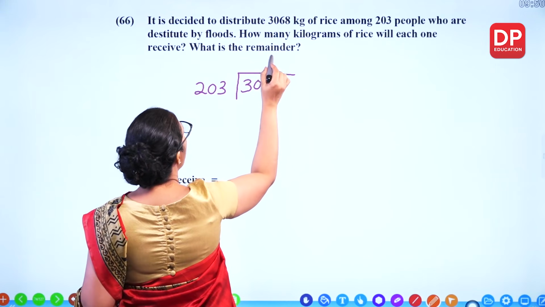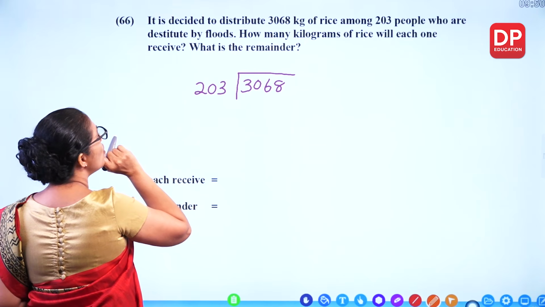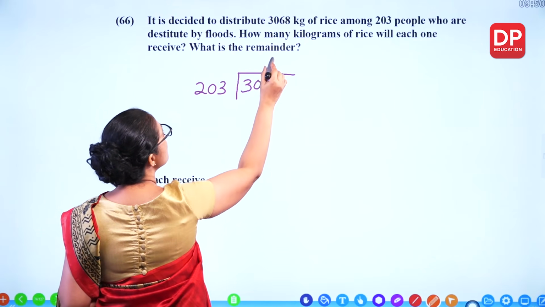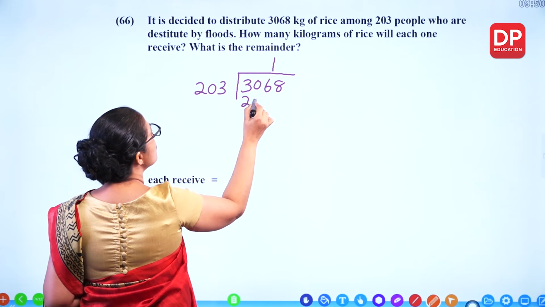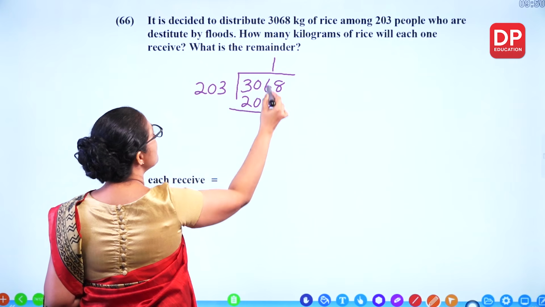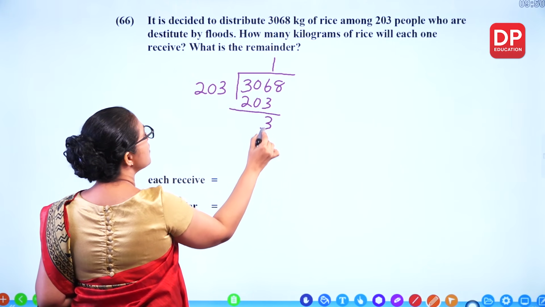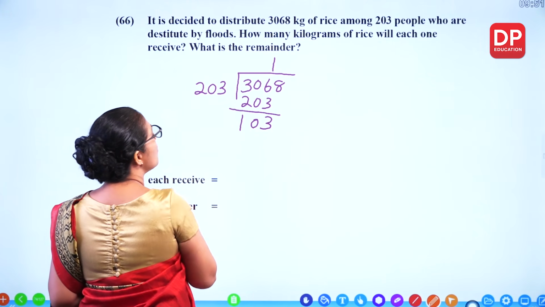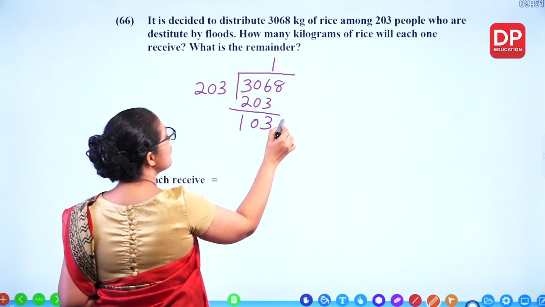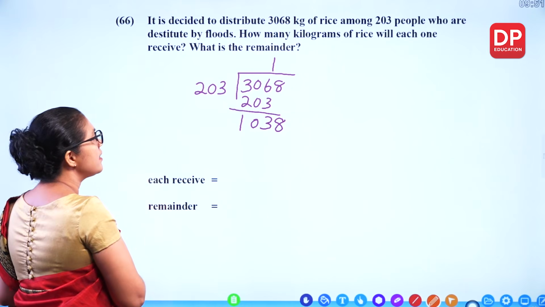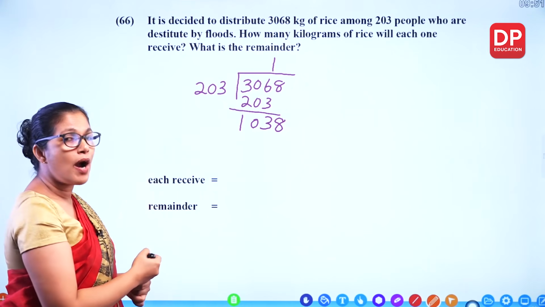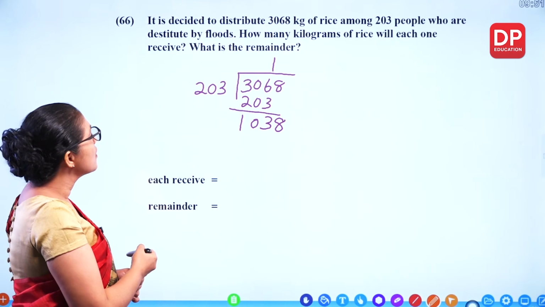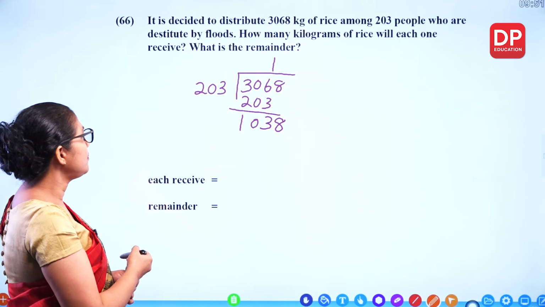So when you take 2, that's 400 something, so that's 1 only. 203. When you subtract these two, you get 3 here and 103. Now we need to find out for 1038 how many 203s are there. So what's the number?